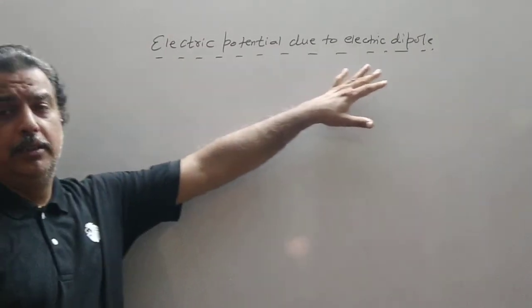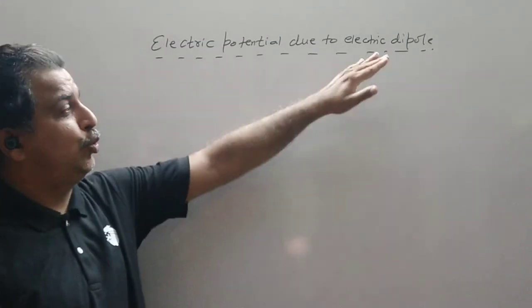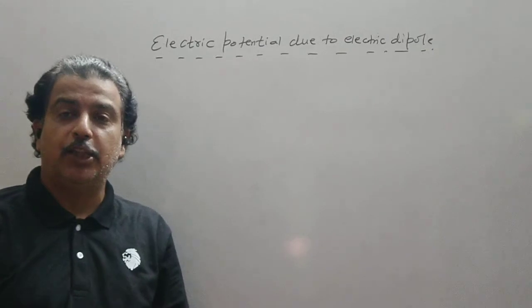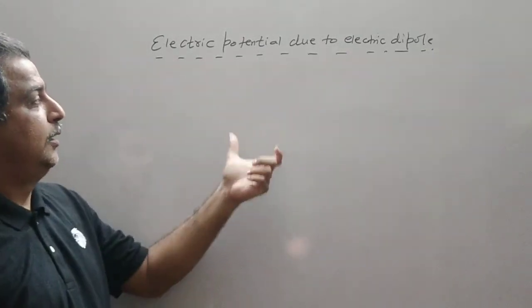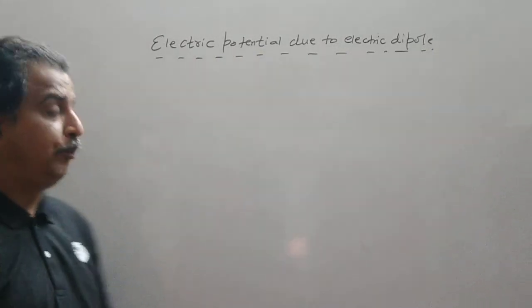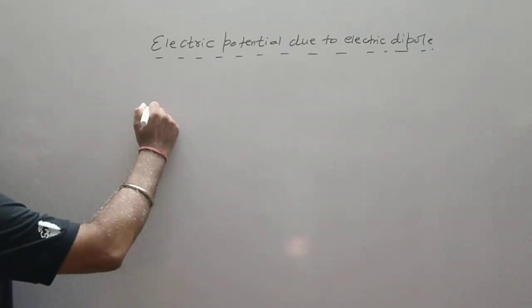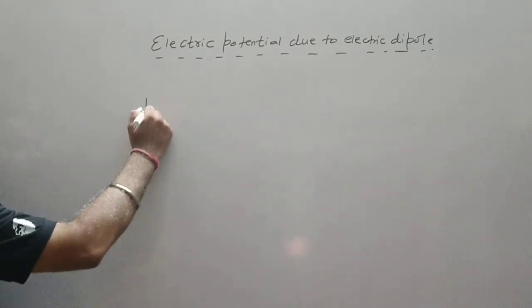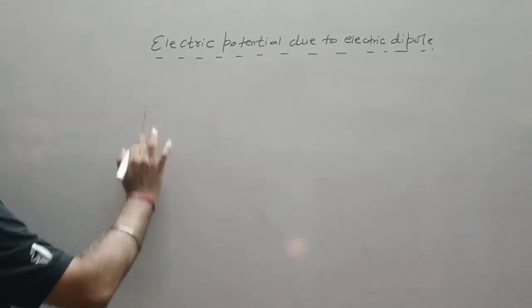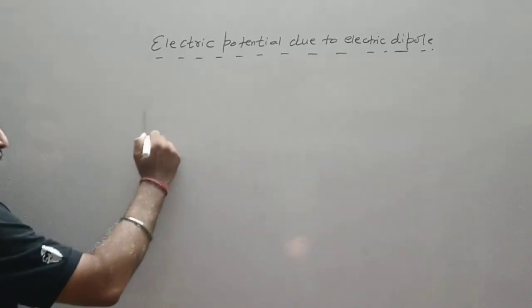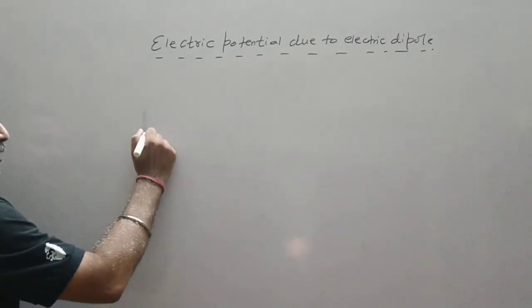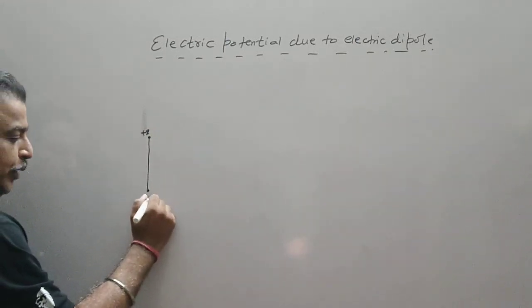So we have also done the electric field intensity due to dipole at its axial and equatorial point. Here you have to find out the electric potential. So see the geometry. Let us consider a small dipole separated by a distance 2a.